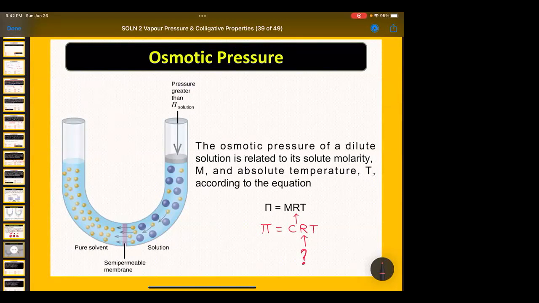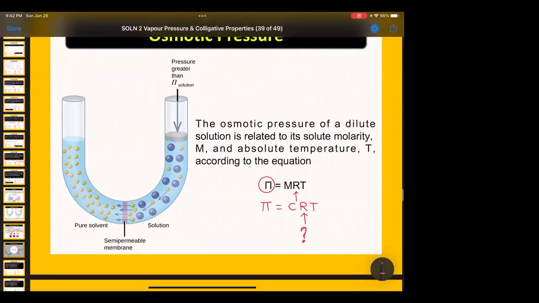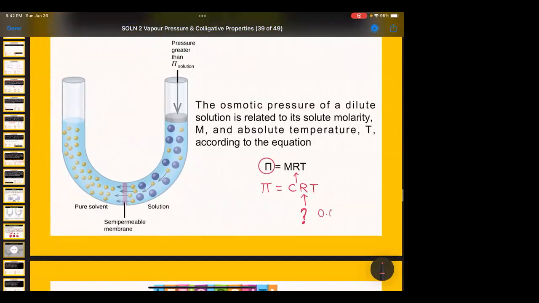What we need to find over here is pi, the osmotic pressure. So you need to put the value of R which has pressure in it. Is it clear? Liter atmosphere per Kelvin per mole.